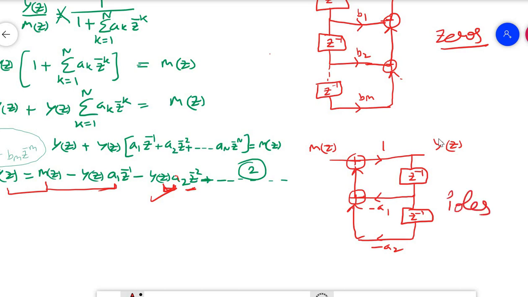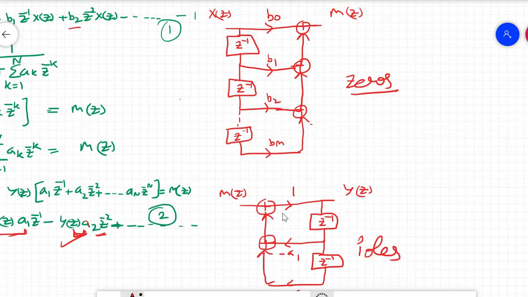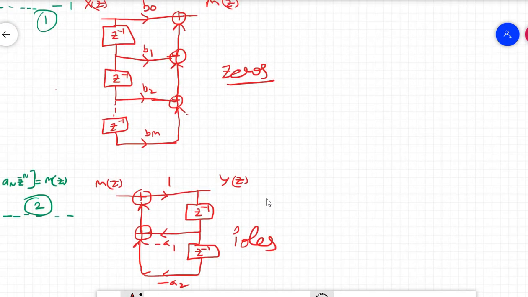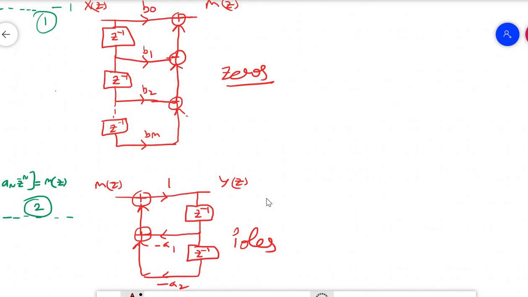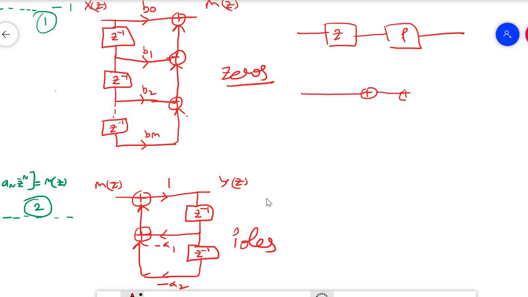Now the complete realization is to add these two, because we have first of all zeros, then after that we have poles, so combine these two structures. Now how? Place an adder here, again one more adder here, and this is my Y(z) and this is my X(z), or we can say x(n) or y(n), okay, fine.